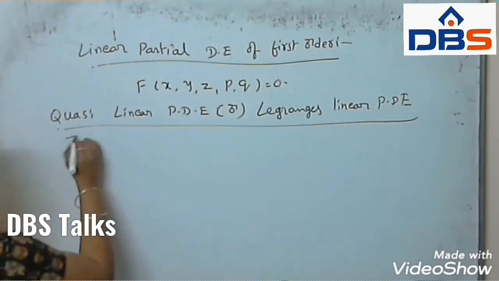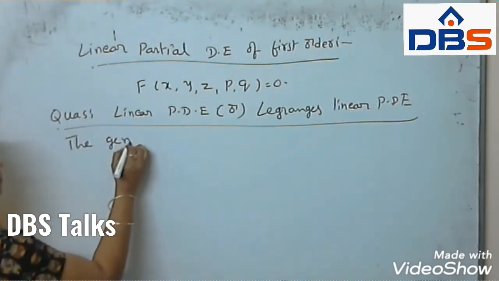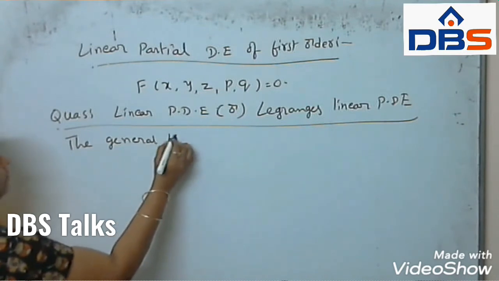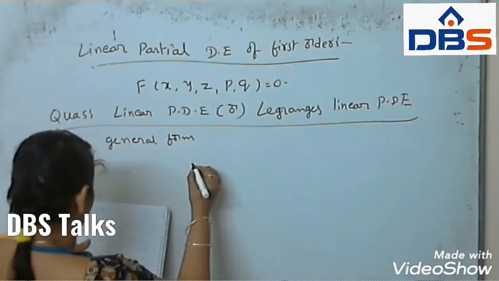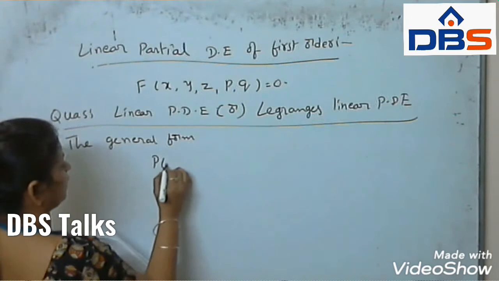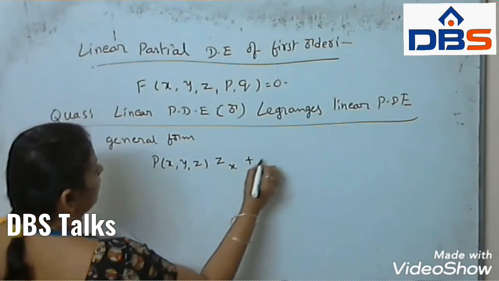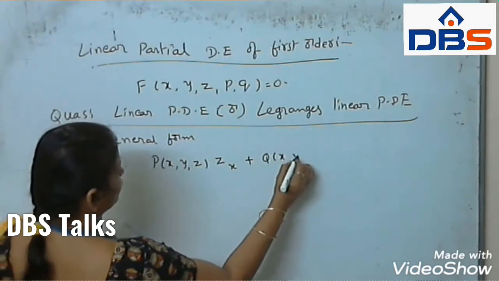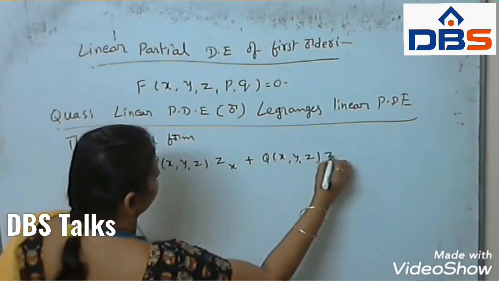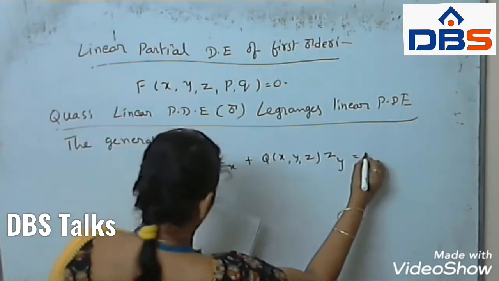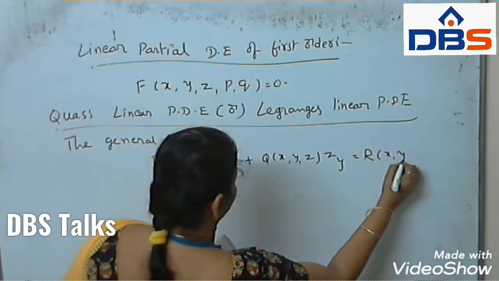The general form for the Cauchy equation is P(x, y, z) zx plus Q(x, y, z) zy equal to R(x, y, z).